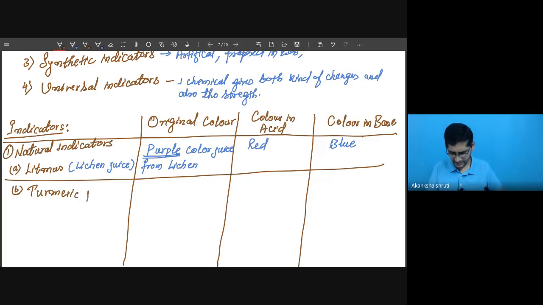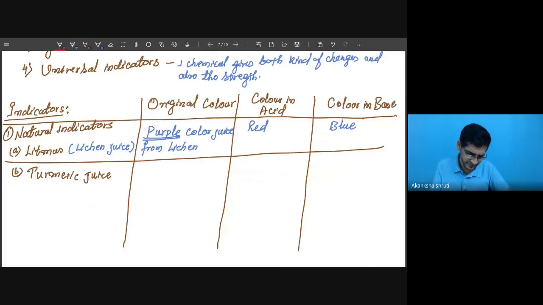So it is again turmeric juice. If you take the turmeric juice, everyone knows the natural color. Students, I don't think it is required to write, but let me write. It is yellow, the turmeric that we are eating, the same.